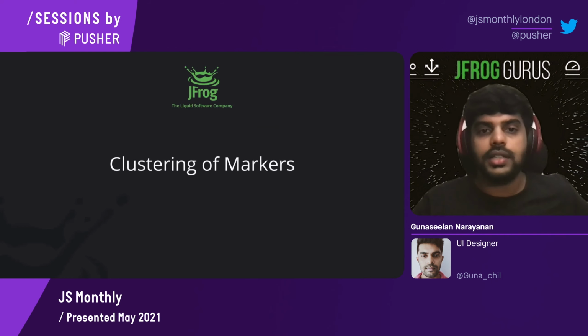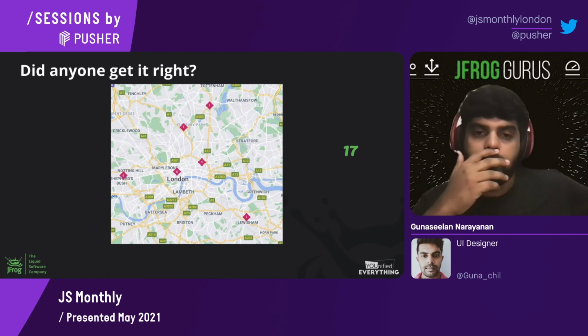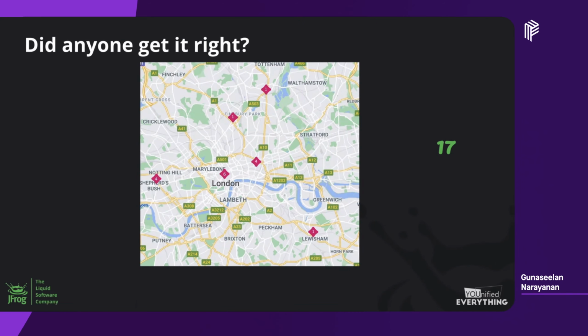Getting on with clustering of markers. So the right answer is 17. As you see here, the map looked cluttered a little bit, right? So there were a lot of chains available. I just searched for it and it showed everything as a marker, each shop as a marker, and everything was cluttered.